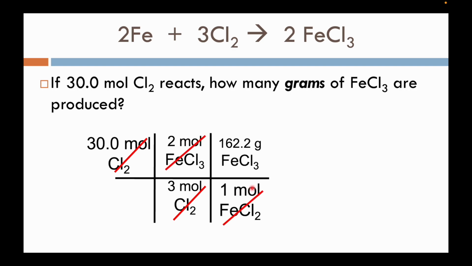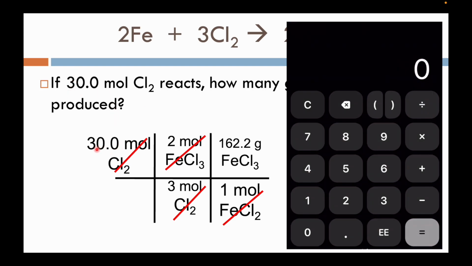Cancel the moles of iron chloride out, and I'm left in grams, giving me an answer of 3,240 grams with that 3 sig figs. So in my calculator, 30 times 2 times 162.2 divided by 3. It doesn't matter what order you plug them in.